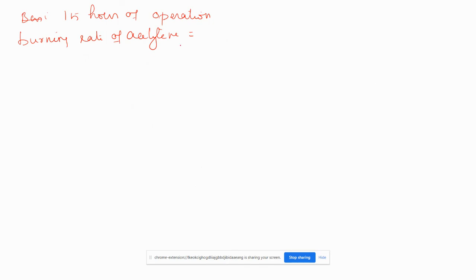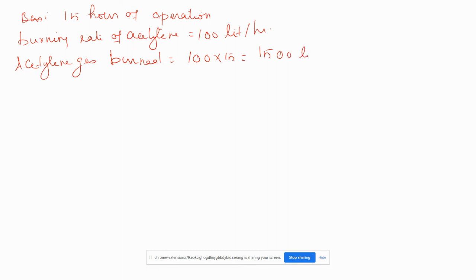So per hour it is 100 liters per hour. Acetylene gas burnt for 15 hours will be 100 into 15, so you will get 1500 liters.